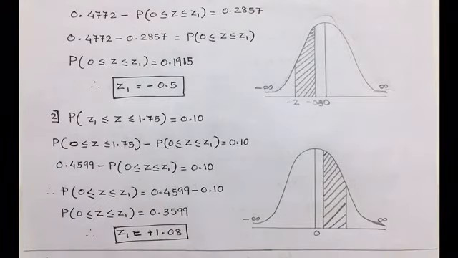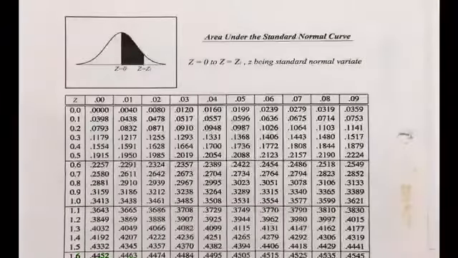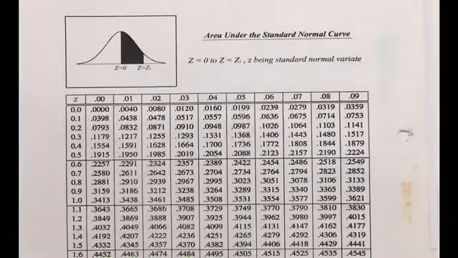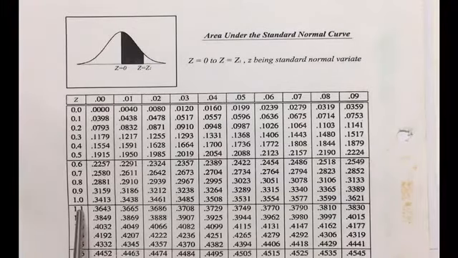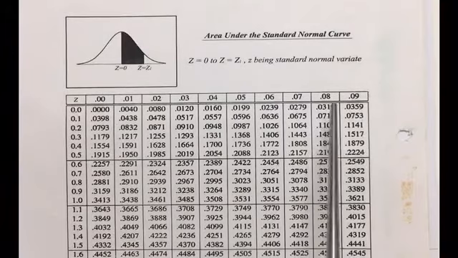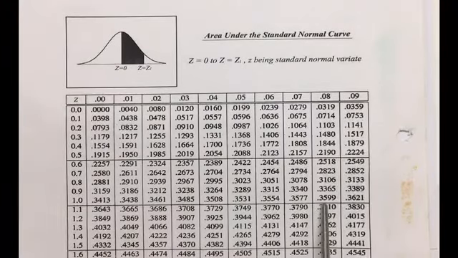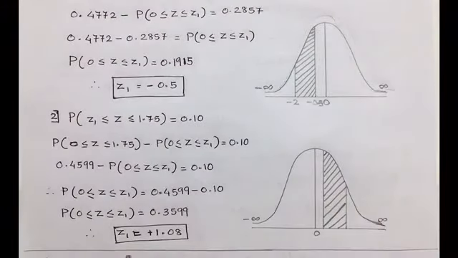So taking up the table again, you will find here 1.0 and 8, where 0.3599 lies. So the value of Z becomes 1.08. So the Z1 value came out to be 1.08 and this value will be positive.